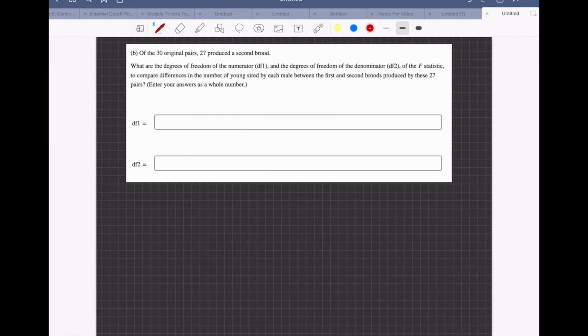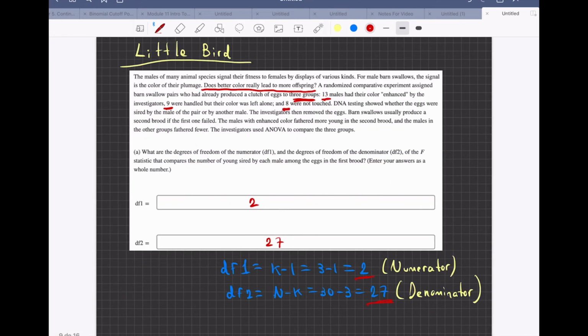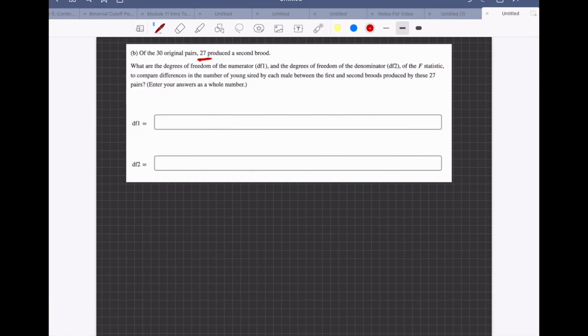Now, in the same problem, what happened with the second brood? 27 produced a second brood. So here the number of categories doesn't change, so degrees of freedom 1 is going to be 2. But for degrees of freedom 2, it's going to be n minus k.